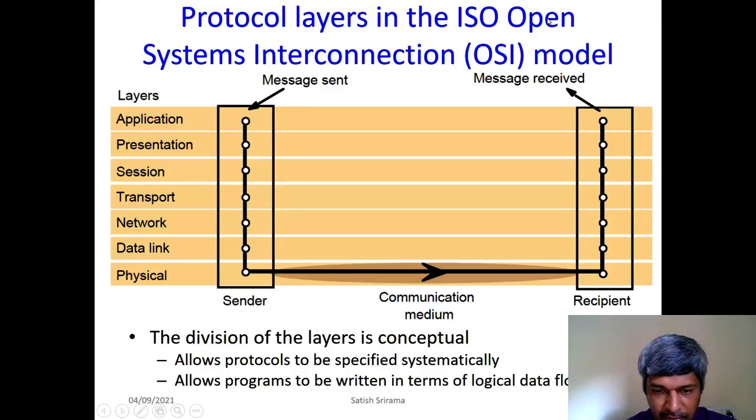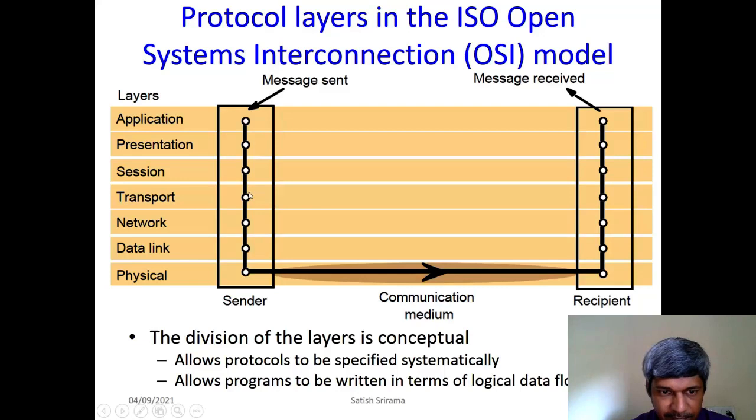However, this division into layers is conceptual. Each layer is responsible for particular things, and that allows protocols to be specified systematically. For example, the physical layer deals with something, the data link layer deals with something, and the network layer deals with identifying the nodes, how to find them. The transport layer takes care of how the data is sent, following certain protocols.